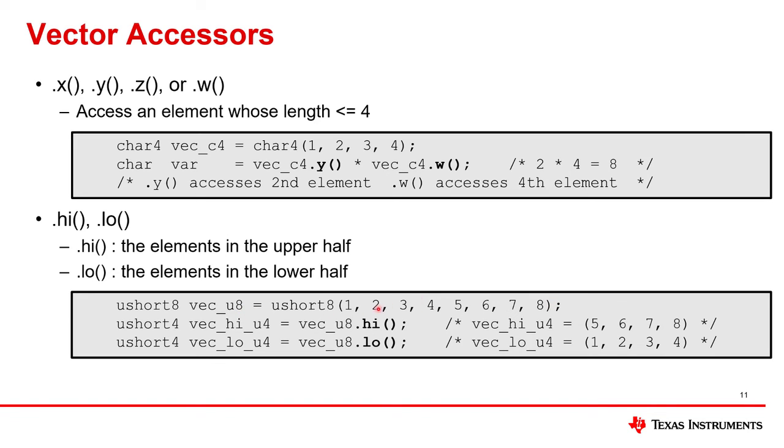Then we use the .high accessor to assign it to a vector of length 4, so half the size. That means the ones in the high half, 5, 6, 7, 8, are what get assigned to vec high u4 here. And then we repeat it with .low, and it works pretty much the way you expect. It picks up these 4 and assigns them to that vector.